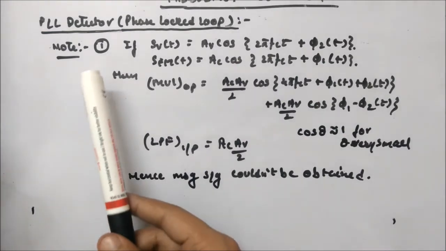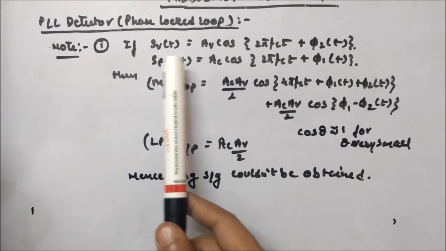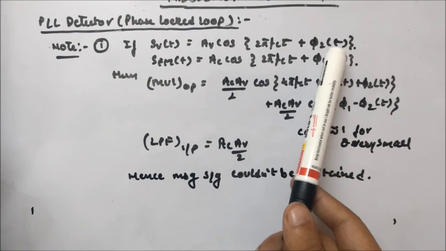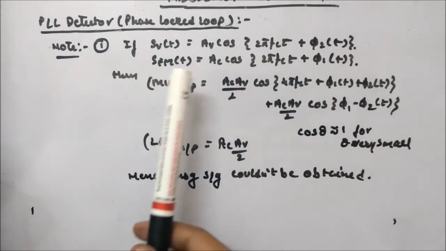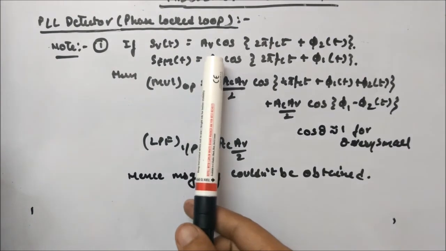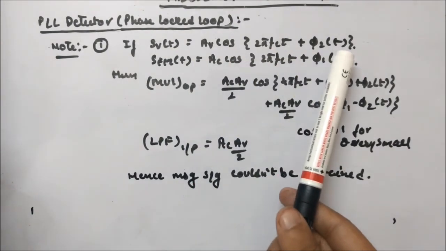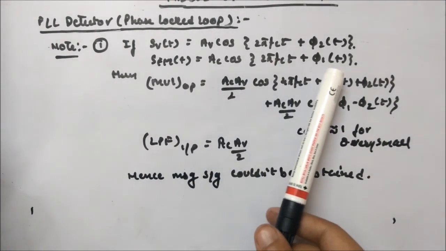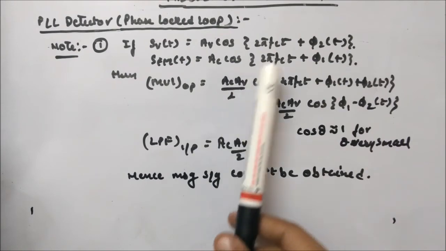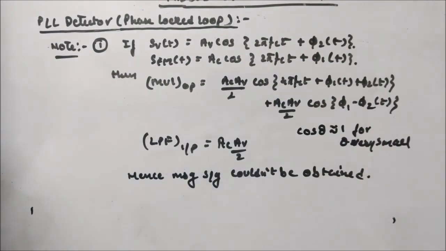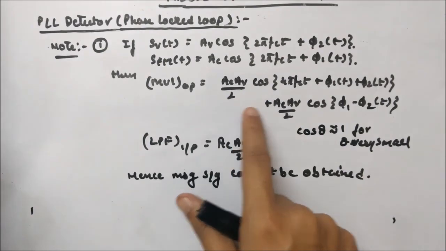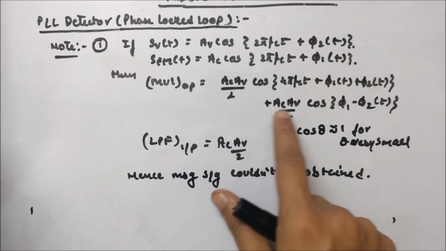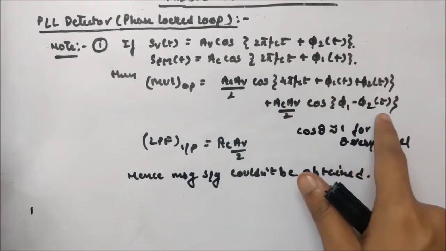Now there is one note point I want to mention here. If you have seen, we took s(t) equal to AV sin(2 pi fc t plus phi 2) when we were doing the derivation. Now let's see what will happen if we take s(t) equal to AV cos(2 pi fc t plus phi 2(t)). Our FM signal was AC cos(2 pi fc t plus phi 1(t)). This is phi 2(t), this is fc locked mode. Now your multiplier output will be AC AV divided by 2 cos(4 pi fc t plus phi 1(t) plus phi 2(t)), plus AC AV divided by 2 cos(phi 1(t) minus phi 2(t)).